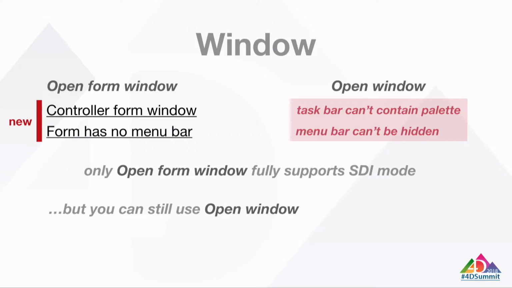It will be ignored if you pass it to open window. So again, you could say that open form window is the proper way to use SDI Mode. It fully supports SDI Mode. You can continue to use open window in an existing application, but there are some features that are not supported that way. Okay, so let's go to the demo.